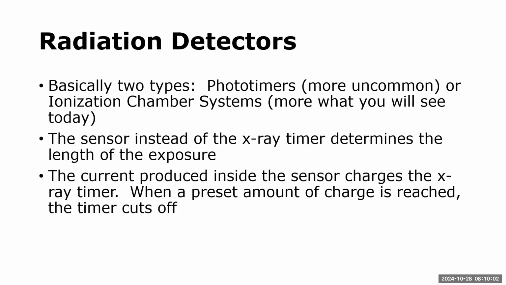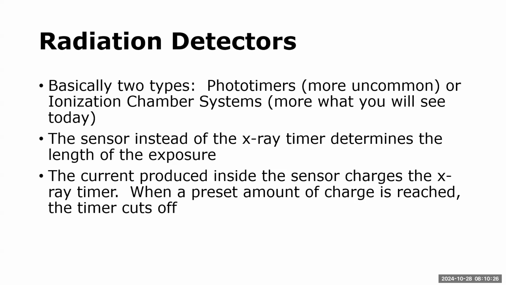But instead of us manually setting a mAs value when we're using AEC, it takes that away from us and does it automatically when this preset amount of charge is met.